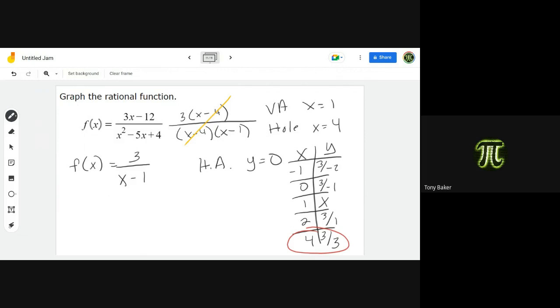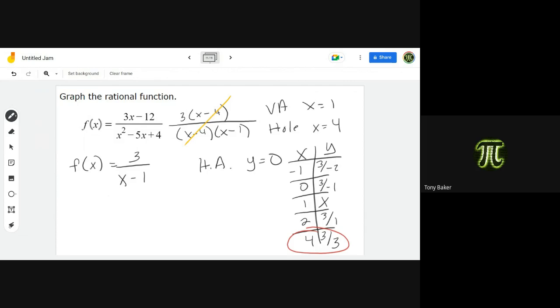When I'm doing the work, I would have simplified it down, just like I did there. I wouldn't plug it back into the original problem. The other reason is we need to know what 4 is, because I need to put a hole in that spot. So I need to know where that point is. There's no way to do that in the original problem. I had to do it in the simplified problem.